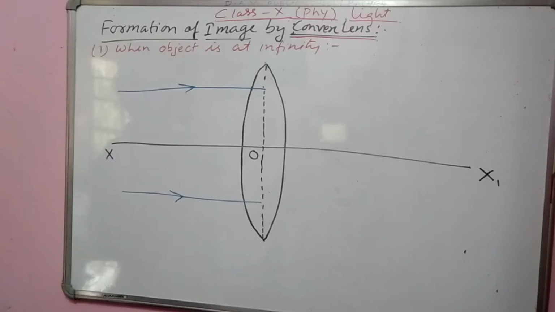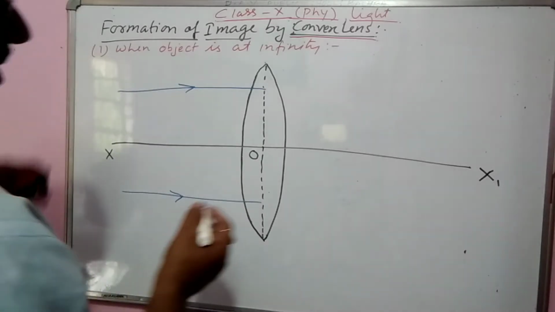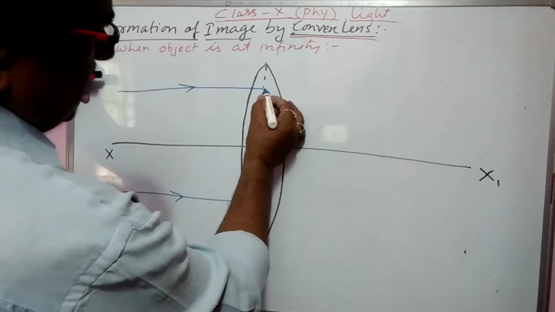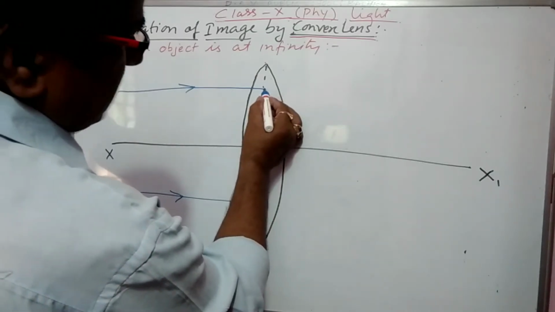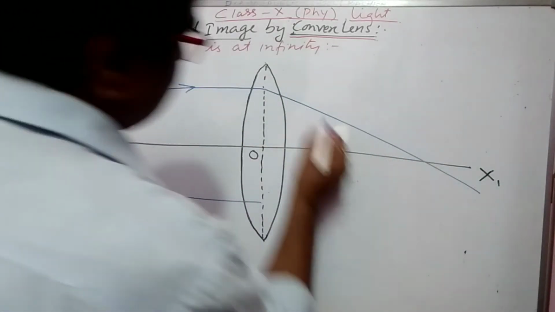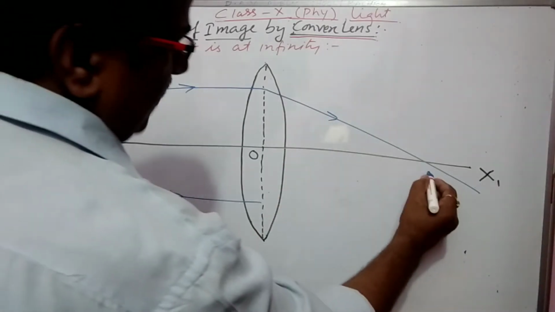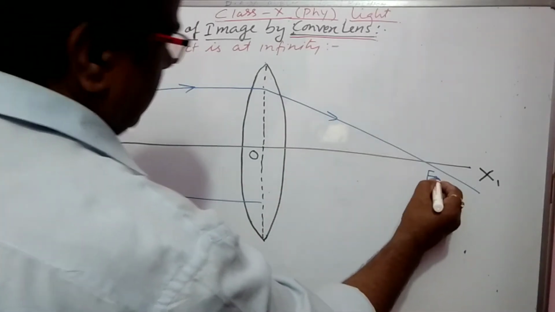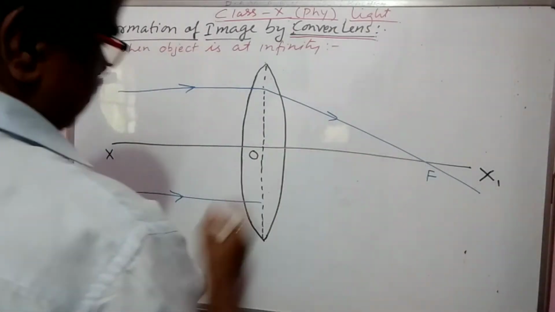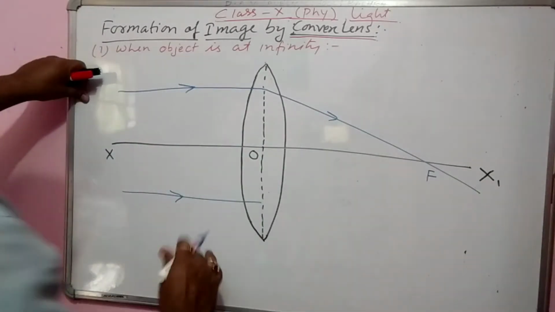So what will happen? As you know, if light is coming from infinity parallel to the principal axis, it will pass through the focus after refraction. This is the focus. The lens has two foci.